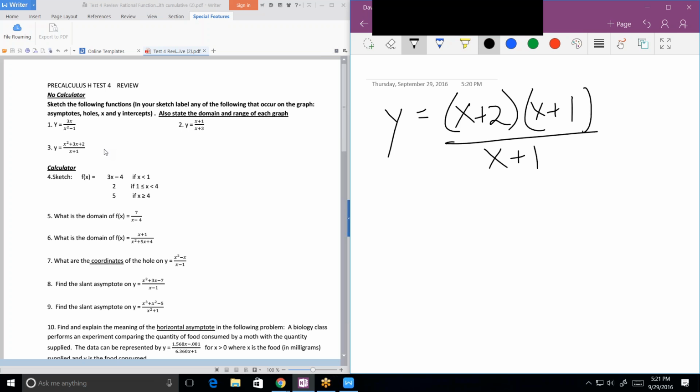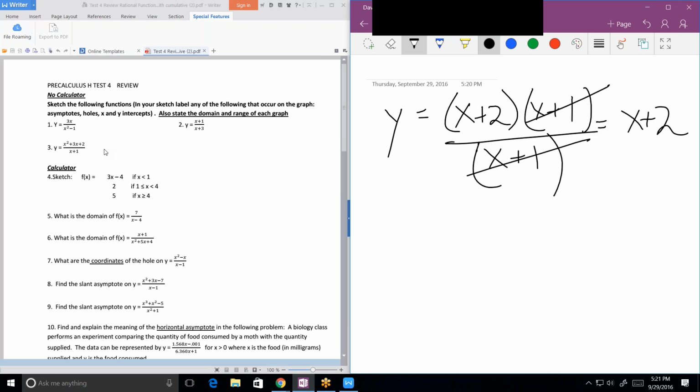Now, normally we'd look at that denominator and we would say there's a vertical asymptote at -1, right? But not in this case. In other words, the first thing you do is you cross out common factors. And so this function ends up being x plus 2, not even hyperbolic.